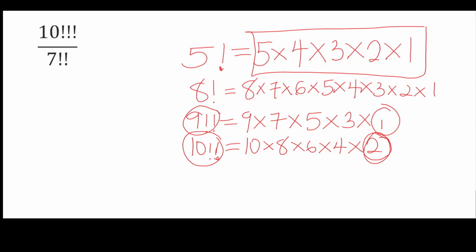So you get 2 possible endings for double factorial. And if it is a triple factorial, you are going to get 3 possible endings. You could stop at 3, you could stop at 2, or you could stop at 1, depending on whichever number you are given. Now let's try triple factorial.